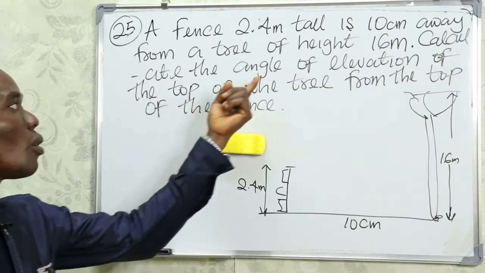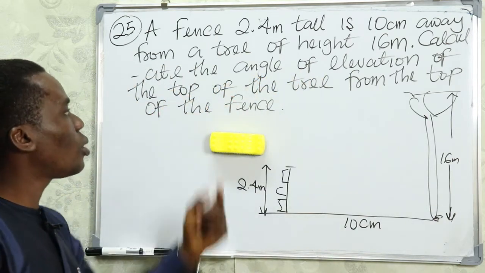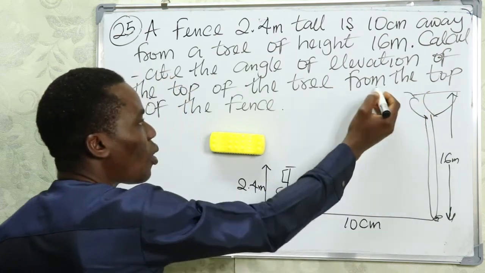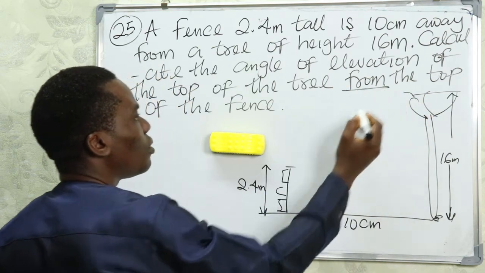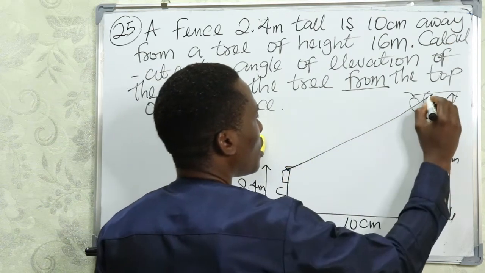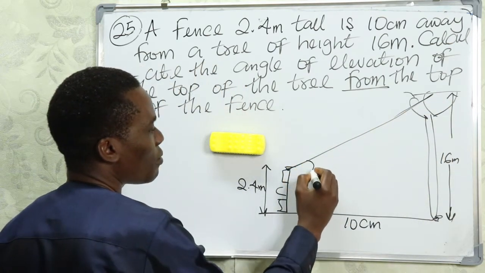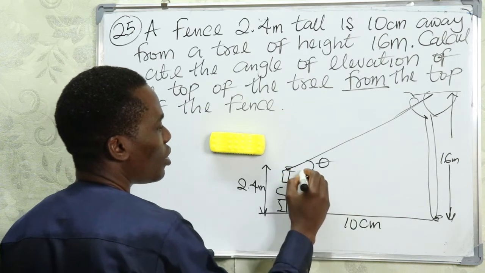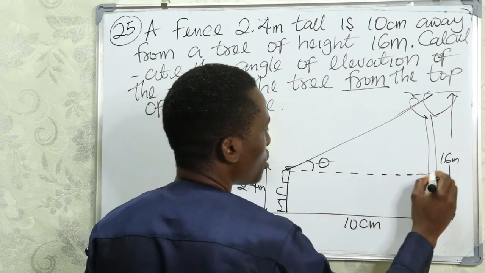Now we are asked to calculate the angle of elevation of the top of the tree from, take note of this, from the top of the fence. So we are counting from here to the top of the tree.